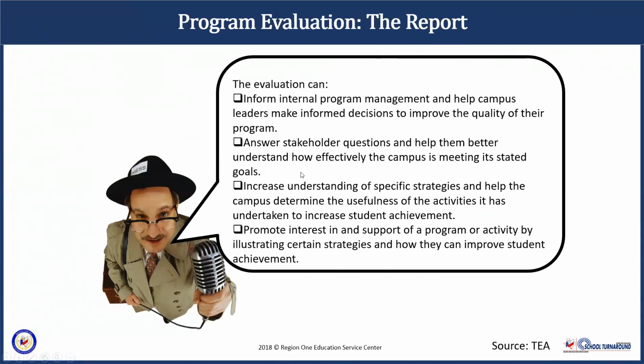So here's what an evaluation report can do, and I'll show you the template in just a minute. The first thing is it can inform internal program management, and it helps campus leaders make informed decisions to improve the quality of their program. Without doing an evaluation at the end of the year, or a formal evaluation of the program, you may continue to do the same things and hope for different results.